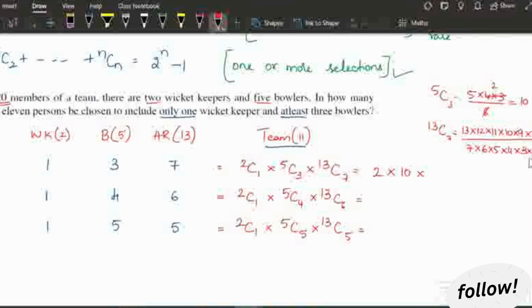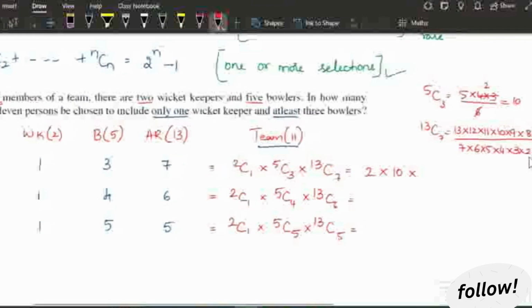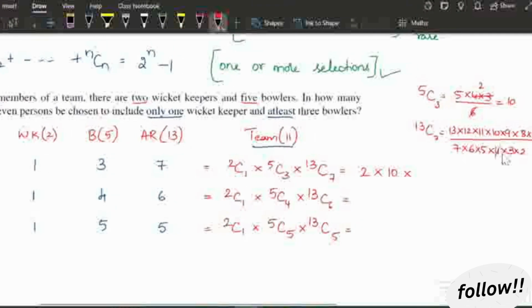I'll just stop at 2. Now cancel this. 4 3s are 12 gets cancelled. 5 2s are 10 gets cancelled. And then we have 7 and 7 gets cancelled. I will cancel this by 2. 2 4s are 8. And then this 3 is cancelled with this 3. 9, 3 3s are 9.